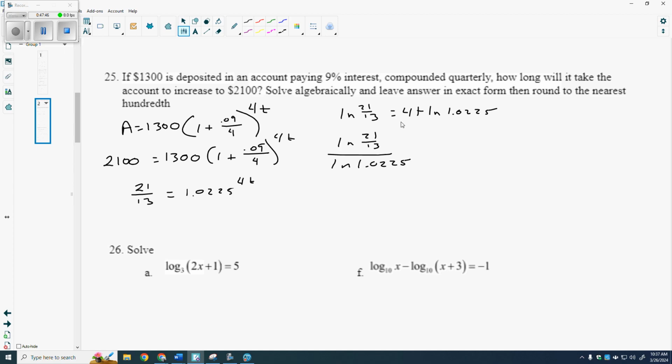And they need to divide by 4, so I'm just going to do it all in one shot. Dividing both sides by 4, ln of 1.0225. That goes away, and I'm left with t. Grab a calculator, type that mess in. You should get, wait for it, 5.39.